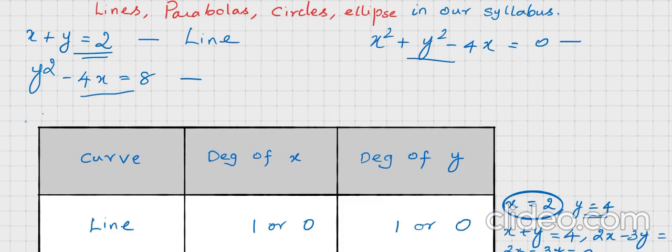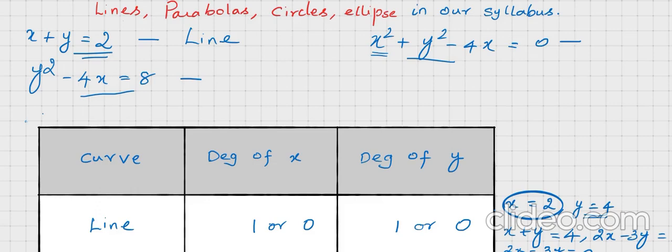Why? Because here the degree of x is 2. Here you have x with degree 1, that is, the power of x is 1. Here the power of x is 2. But when you speak about degree, the maximum power comes into play. So here the maximum power is 2.